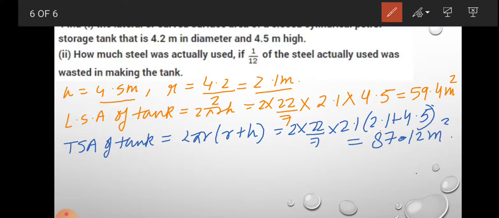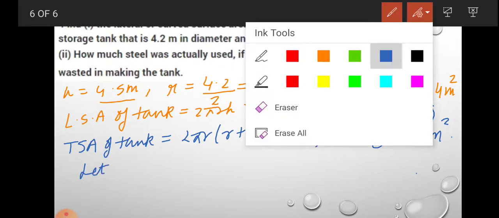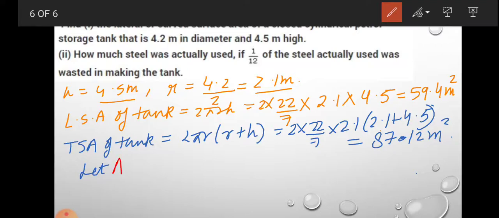meter square. Let A meter square steel sheet be actually used.